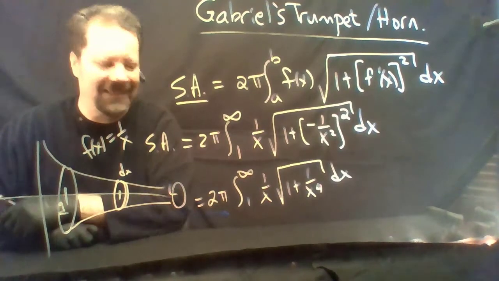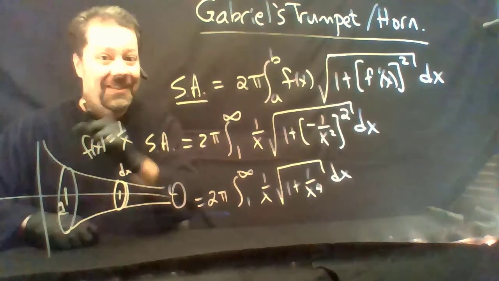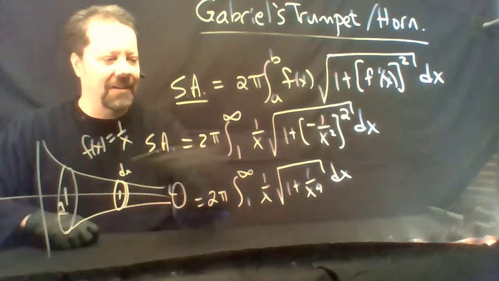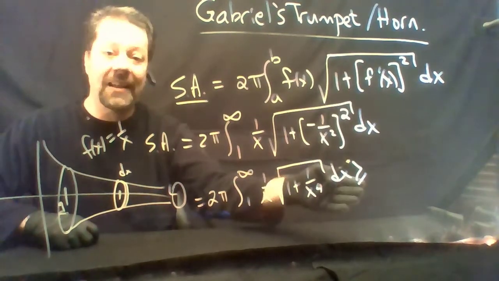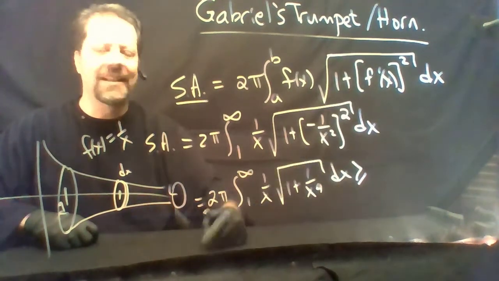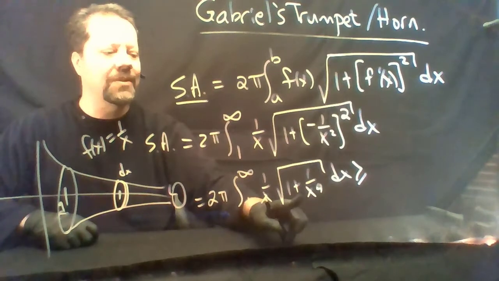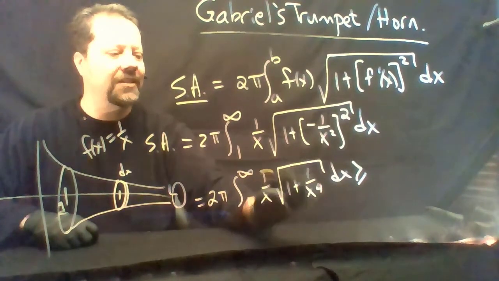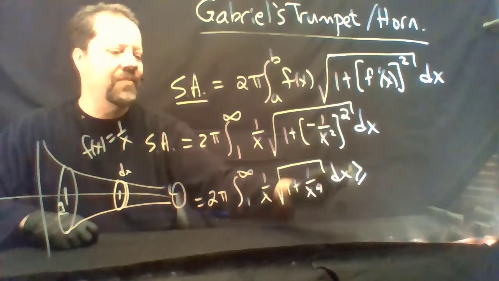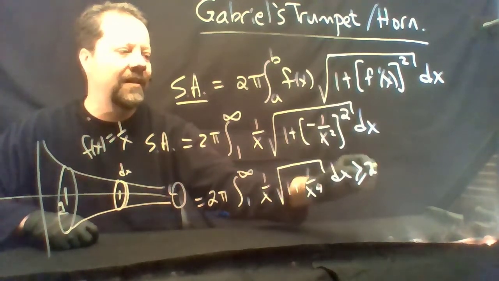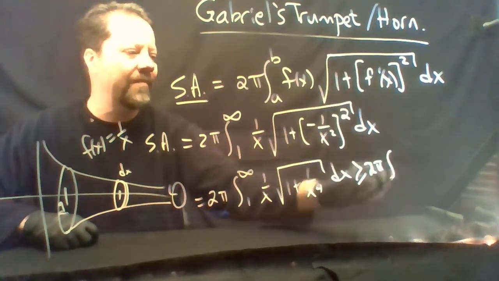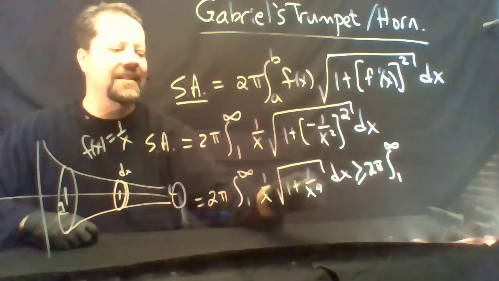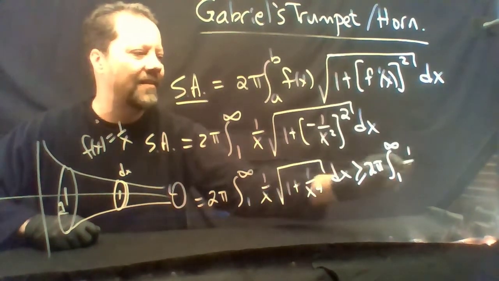Well, what's that? I don't know. Actually, I can prove exactly what we get. We'll make a lower bound, something smaller. If I ignore some positive term in the integrand, I should get something smaller. If I just ignore 1 over x to the 4th, I'm ignoring a positive term in the integrand.